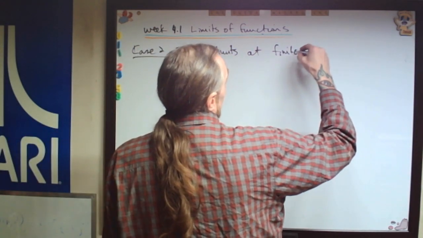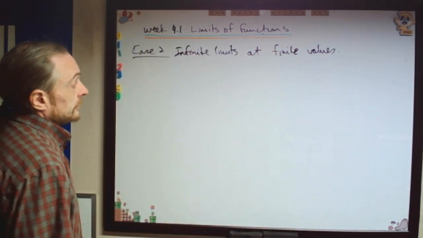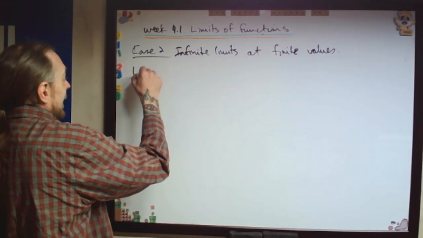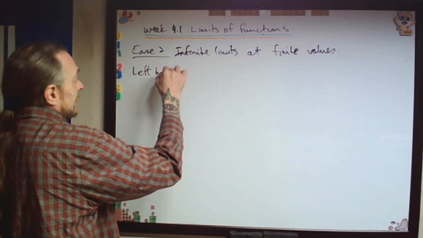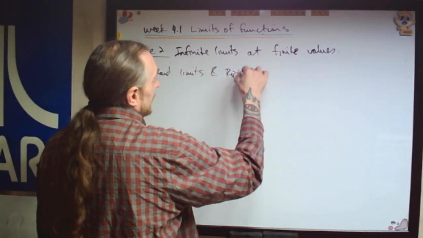Finite limits at finite values. Before we do that, we need to check left-hand limits and right-hand limits.